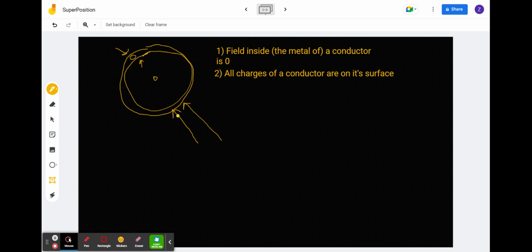There will be an induced charge. So let's say there's a field coming from this direction that I've indicated. That means that all the negatively charged particles will start gathering on the end where the field is coming from, and then the positive charges will be repelled. And again, it'll be on the surface.